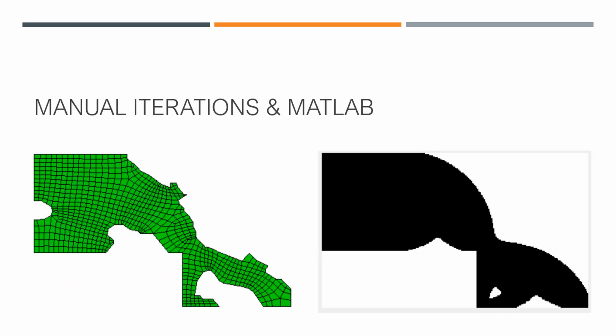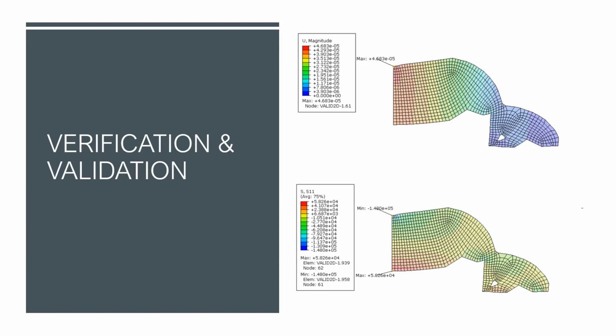Manual iterations were done on the left using Abaqus, and that was the third iteration, removing volume after increasing the stress levels, and then on the right was using MATLAB code, giving the input parameters, which can be seen in the report. So using these, the verification and validation then occurred.